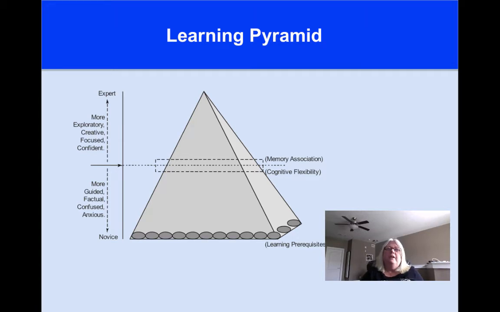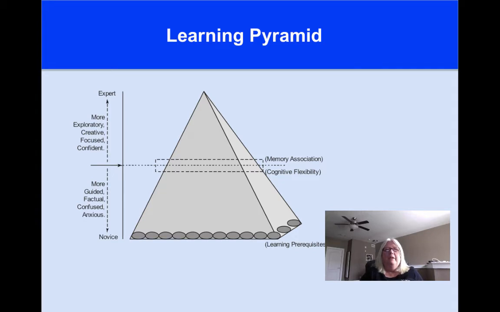So novice trainees generally require more guided instruction or more instruction-centered training methods. As they learn more and become more competent and their level of expertise rises, they become more confident and more creative in what they're doing. So at this point, training methods can shift toward more exploratory or experiential type methods.